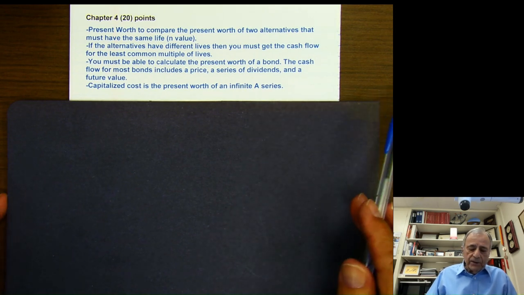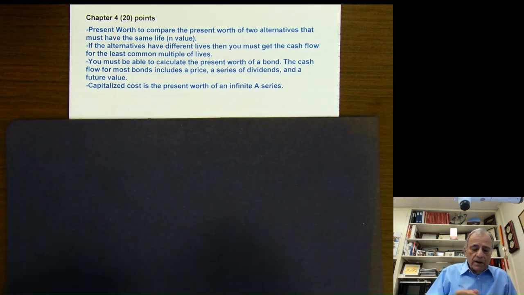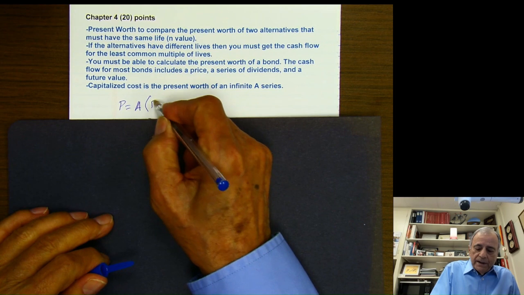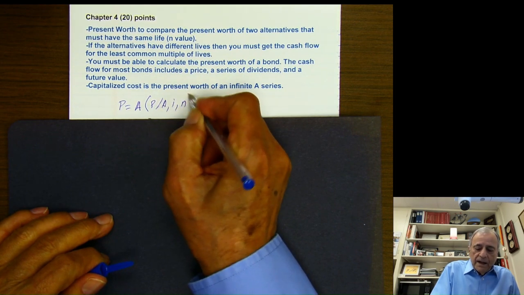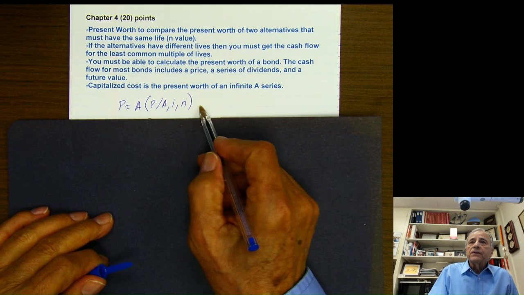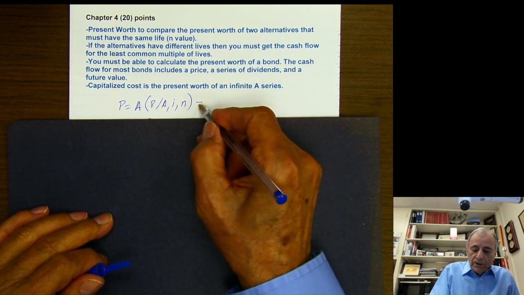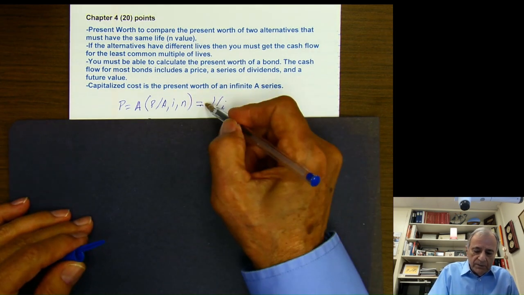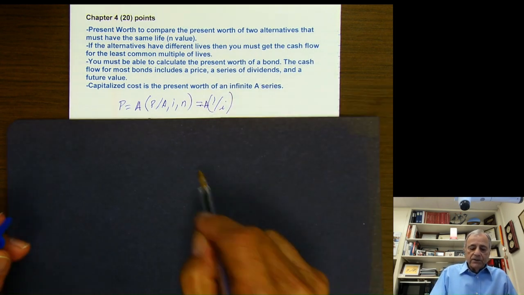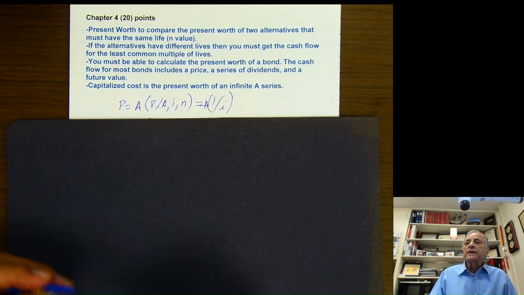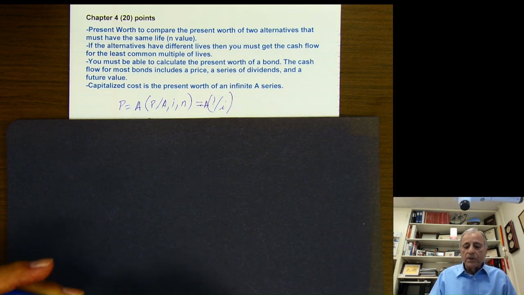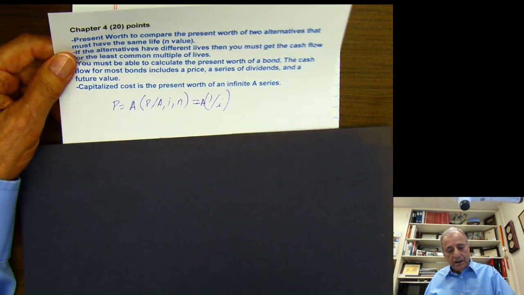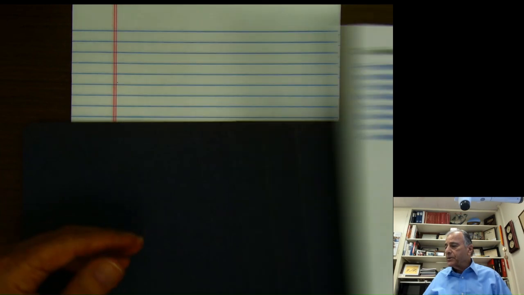If you actually work with the formula, find P given A, I, and N, and you take the limit as N goes to infinity, that formula goes to 1 over I. So this would be A times 1 over I. You just divide the amount of the A series by the interest rate, and that gives you the present worth of an infinite A series. So you need to know those facts and you need to know how to work problems in chapter 4.